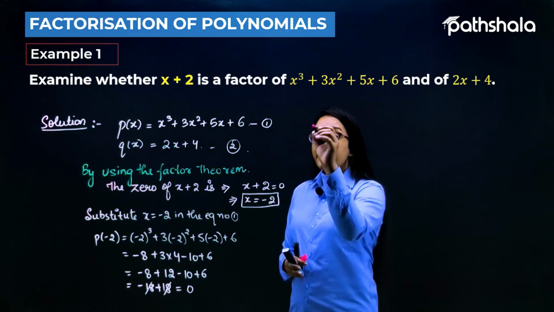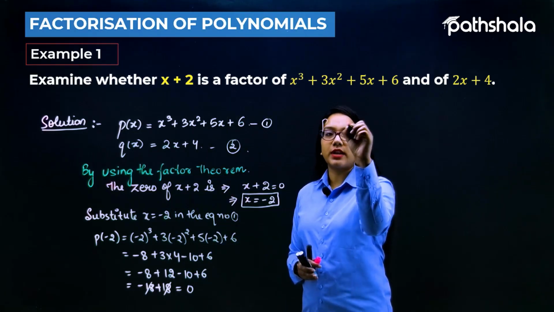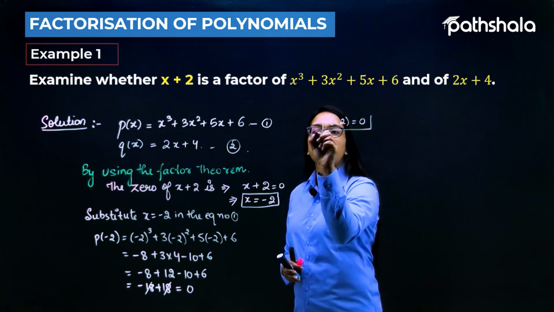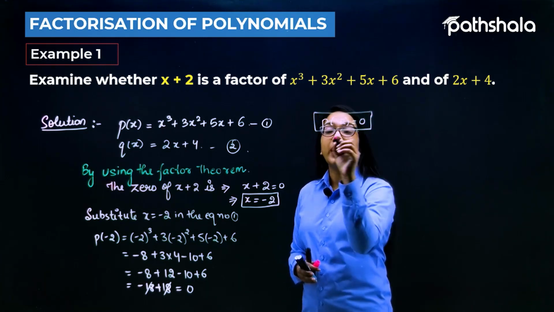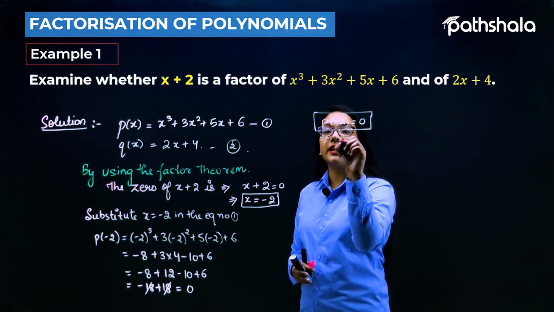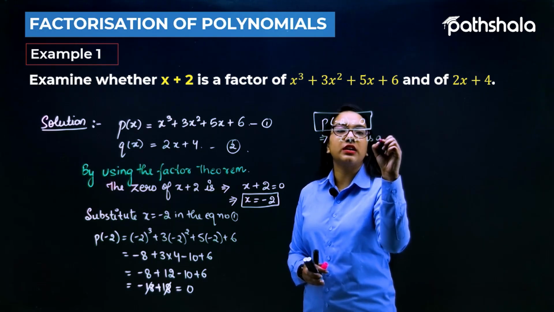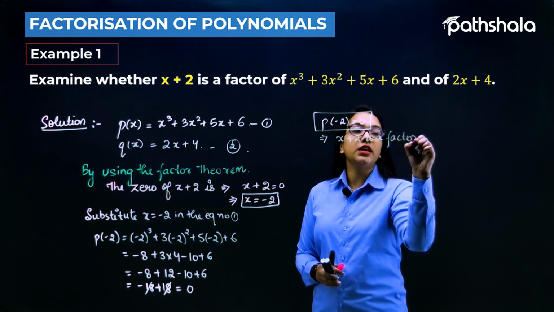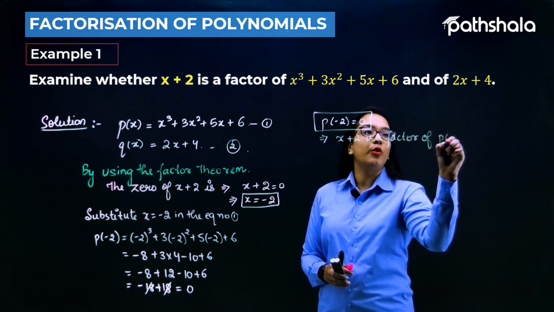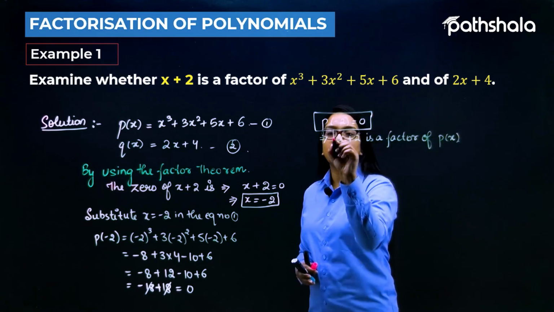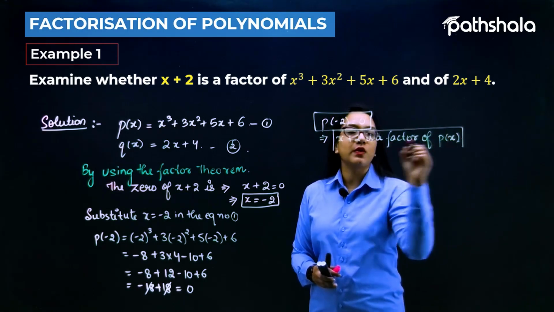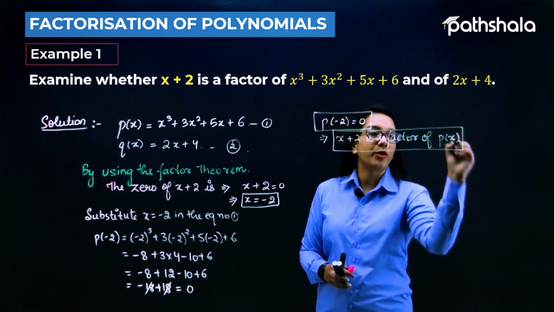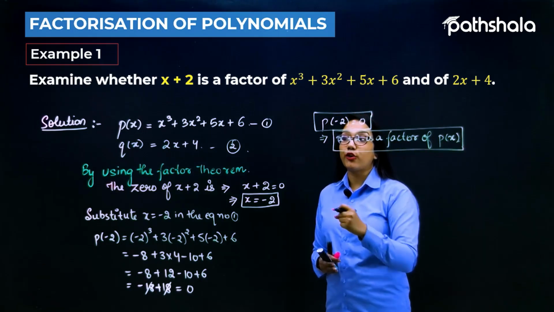It means that p of minus 2 is equal to 0. So if p of minus 2 is equal to 0, it implies that x plus 2 is a factor of the polynomial p of x. So for the first part, it is clear that x plus 2 is a factor of p of x. Now let's check it for q of x.